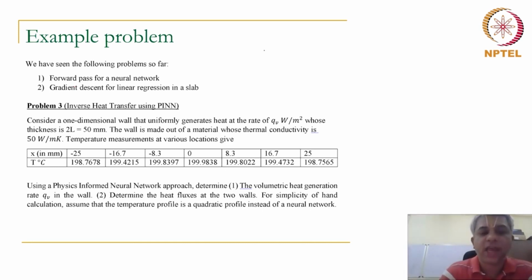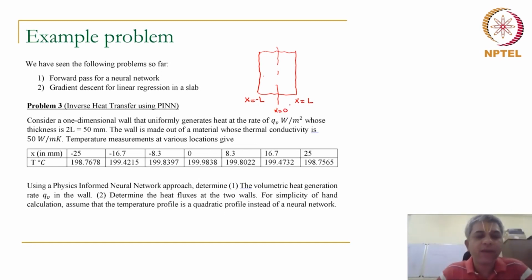Imagine that there is a slab, a one-dimensional wall. Let's say this is x equals minus L, x equals plus L. This x is 0 at the center. And 2L is 50 mm, so basically L is 25 mm.